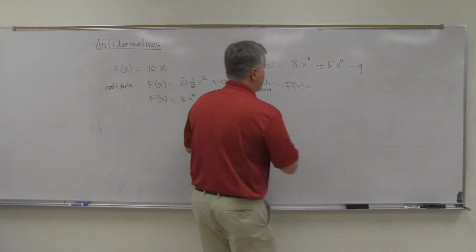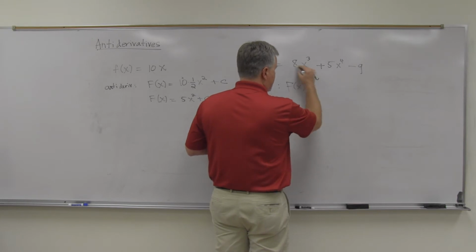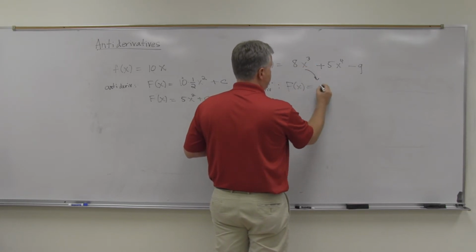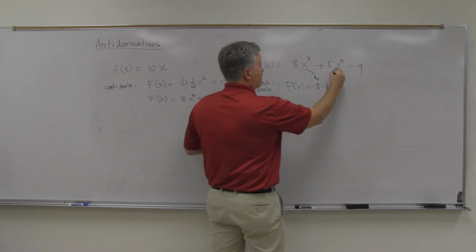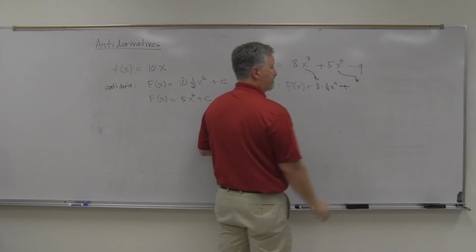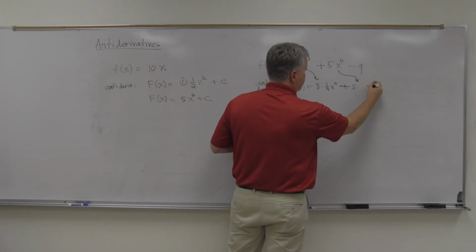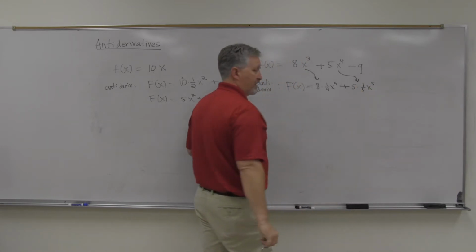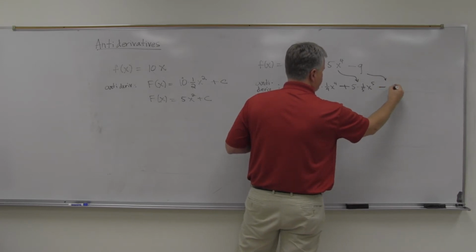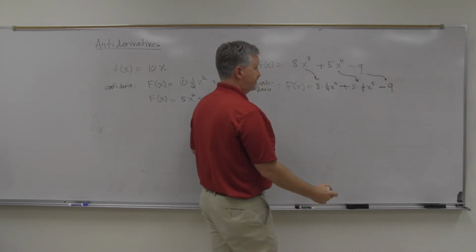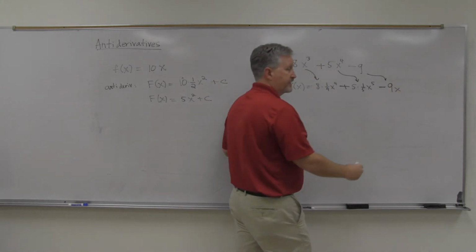All right, so I'm going to do the antiderivative here of 8x cubed, which would be 8 times what? 1/4 x to the fourth, add 1, plus then the antiderivative of that one, which would be 5 times the new power, x to the fifth, because I'm adding 1, so I divide by 5, make it 1/5 x to the fifth. And then that's minus, so I can do the antiderivative of that. We talked about that earlier. If you got a number, the antiderivative is just adding x, minus 9x, and then plus your c.